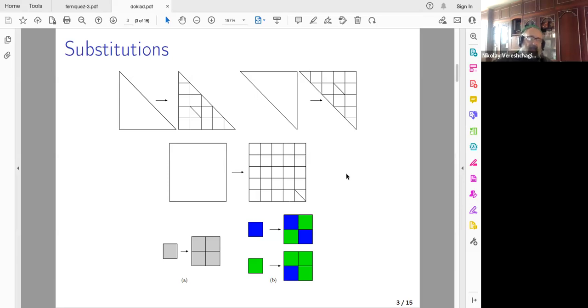Based on that substitution, they define some colors on sides such that the following holds.